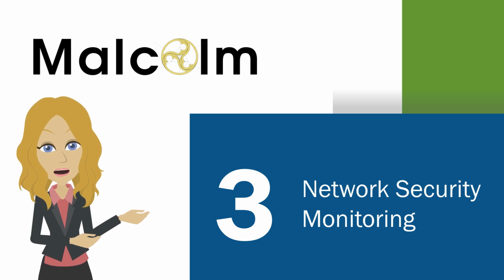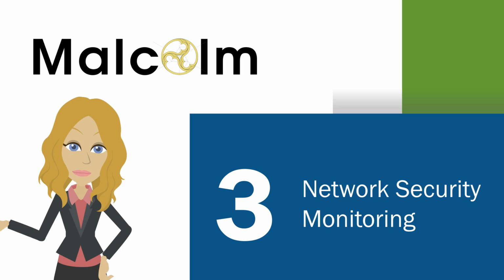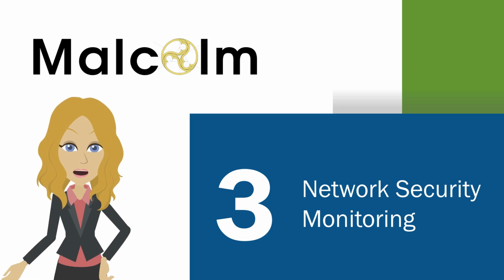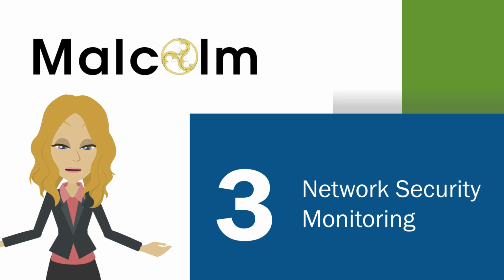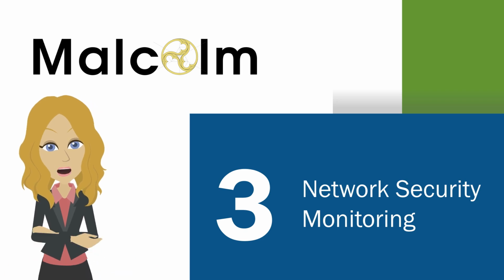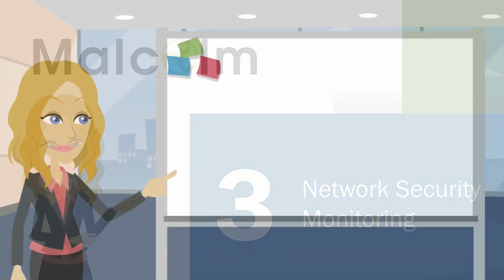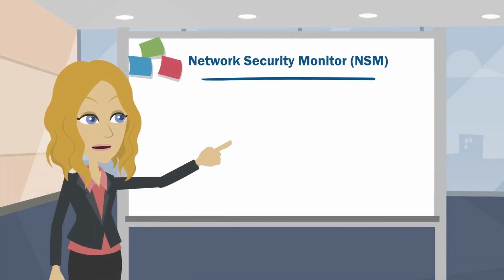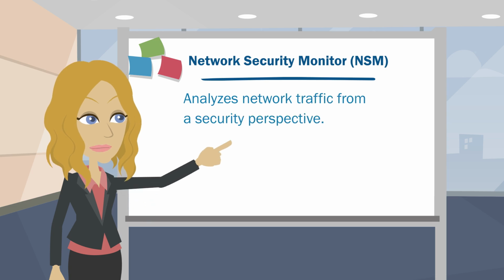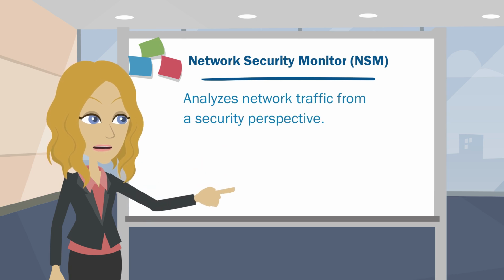Monitoring your network is vital to ensure safety and quickly identify potential threats. We'll look at tools and systems used for monitoring, including NSM, SIEM, application containerization, and network infrastructure modeling. A network security monitor, NSM, analyzes network traffic from a security perspective.